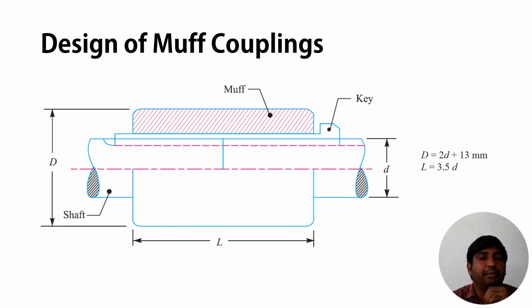First one is capital D, which is the diameter of the muff, and small d is the diameter of the shaft, and capital L is the length of the muff coupling. The length of the muff coupling is calculated by the formula L = 3.5 d, where d is the shaft diameter, and the diameter of the muff, capital D, is calculated using the formula D = 2d + 13 mm. These formulas are available in the design data book. You can directly see them there.